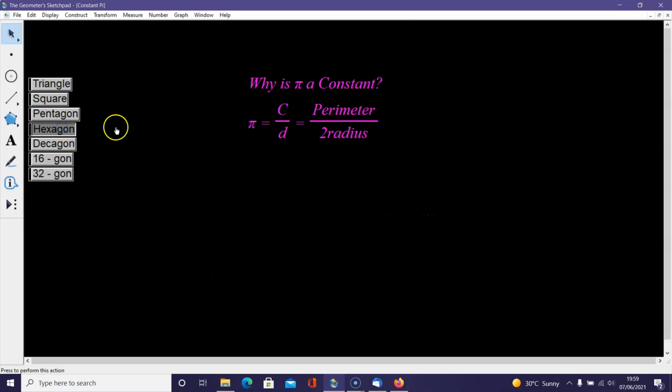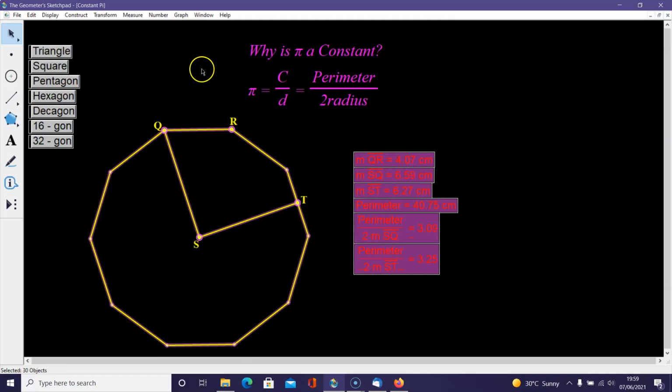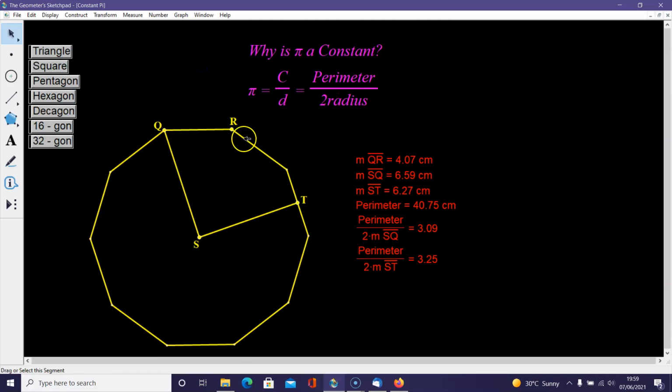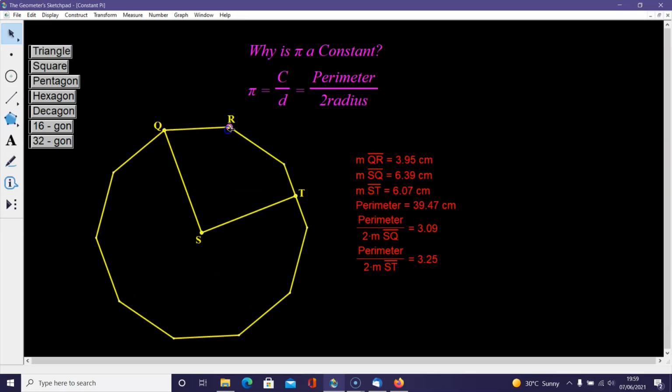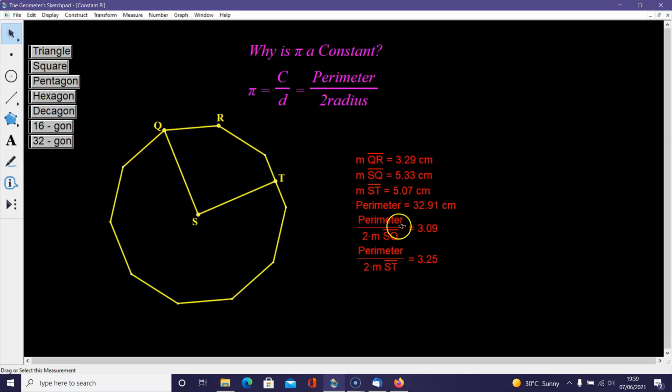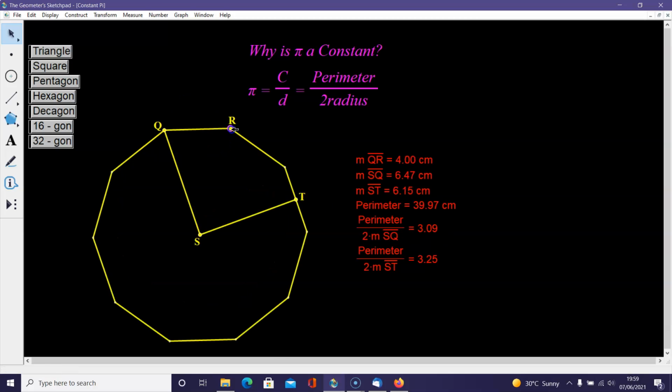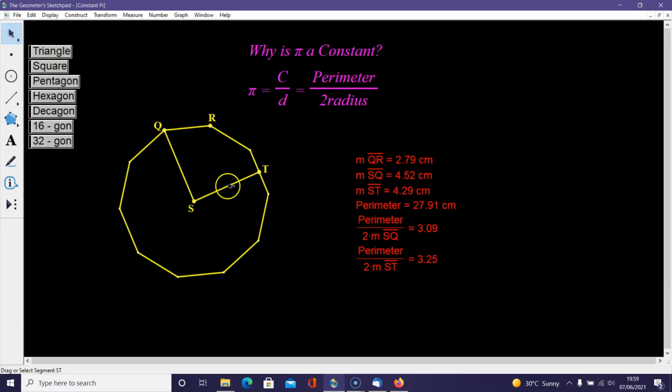So as a hexagon goes away, let's look at a decagon, a 10-sided figure, and I can change the size of it, but notice these ratios. And once I get to 10 sides, notice I'm at 3.25 and 3.09. So we now know that as this measurement here, S to T and S to Q, as they begin to get closer, these ratios will get closer.